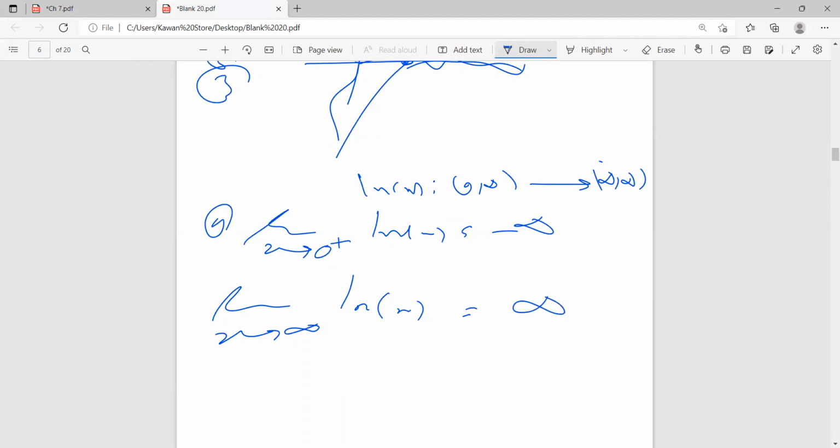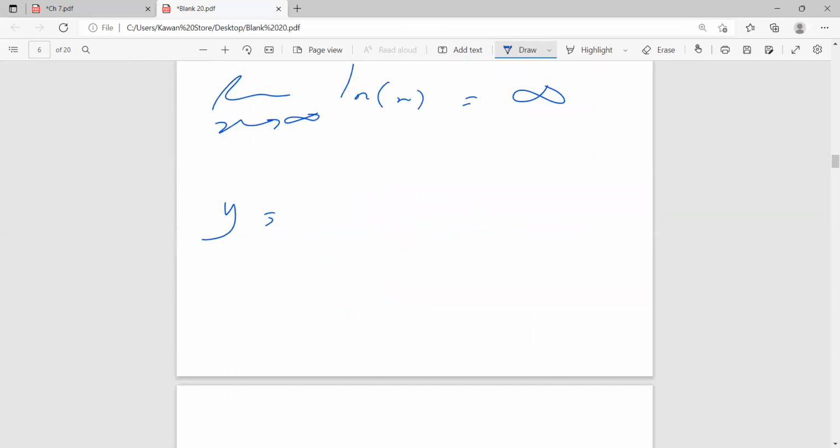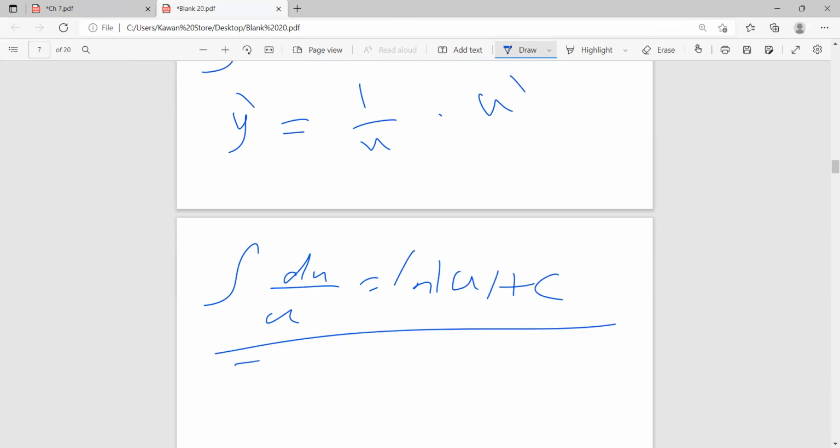Do you remember that? And also we say if y is equal to ln of u, y prime will be u prime over u. Do you remember that? And we say that if I have any u prime over u du, directly I can write ln of u plus c. Now the last one, application. What's the application?